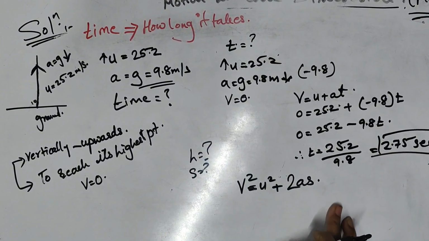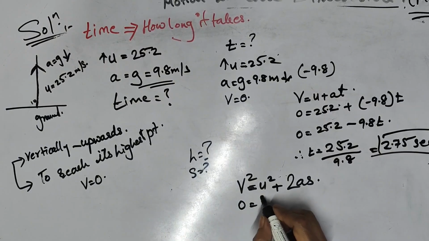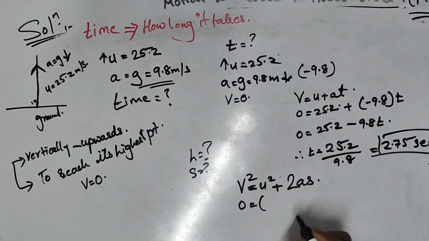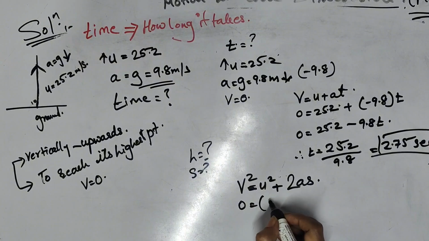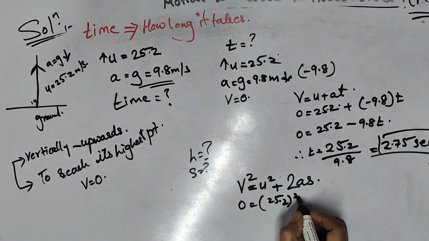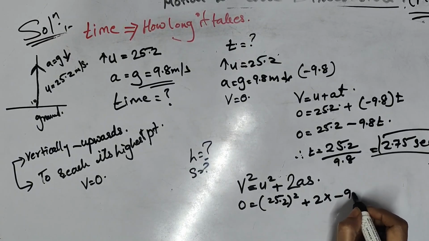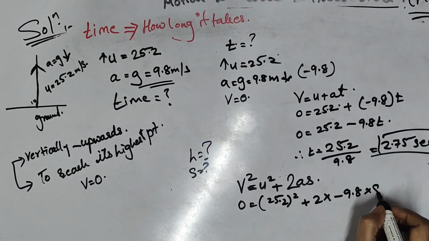These are all basic formulas. 0 is equal to u square. What is u square now? u square is 25.2 the whole square, it is already given, into 2 into minus 9.8 into s.